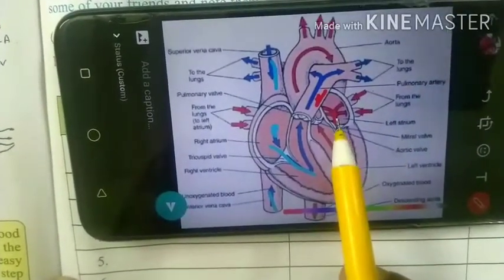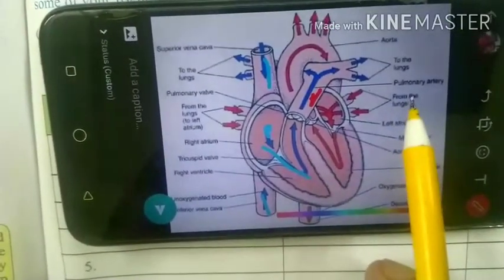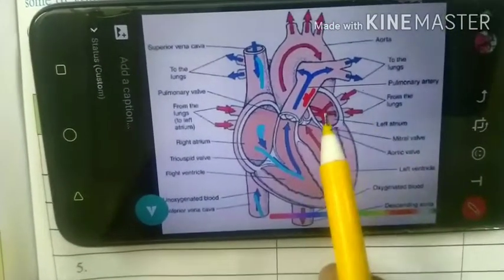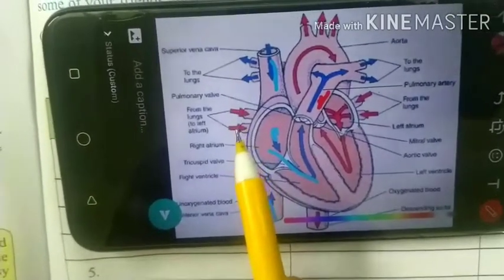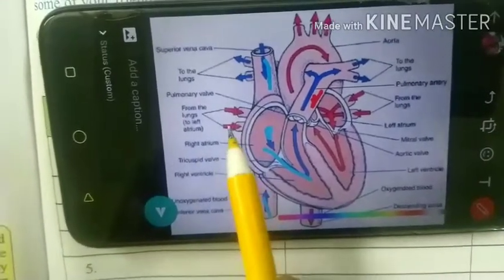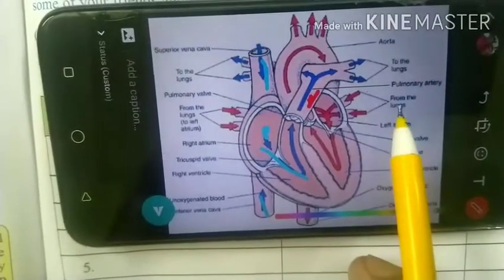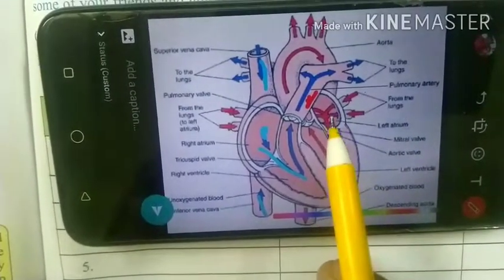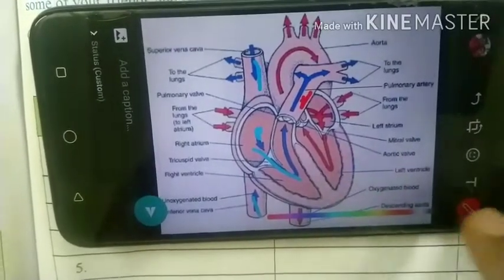And here you see from lung, pure blood comes into the auricle. And here these are also pulmonary veins from right lung and pulmonary veins from left lung. Blood comes into auricle. Then from auricle enters into the ventricle.